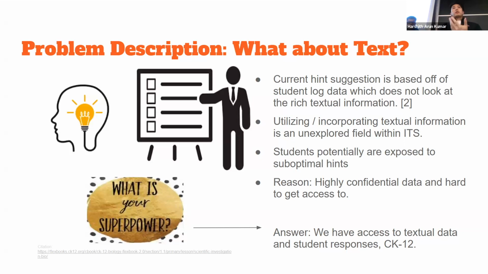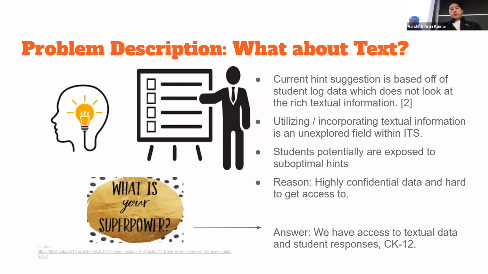There's an accuracy score from all the students participating, and all of this is just statistics, right? No one's actually looking at the textual information that the students are looking at. So we want to utilize the textual information.